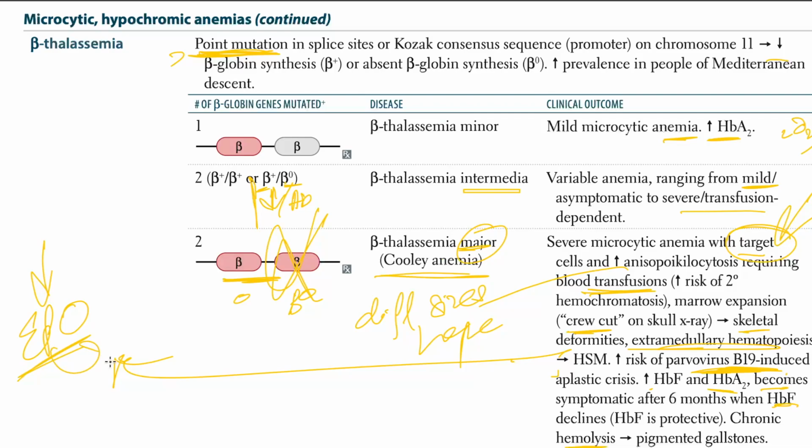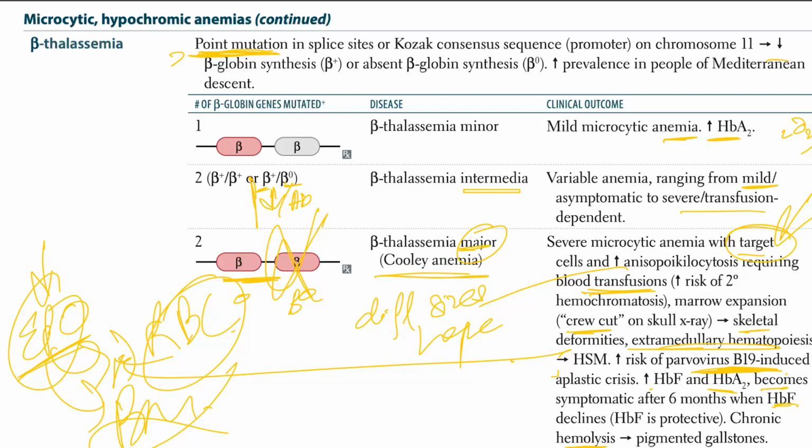It stimulates RBC production, right? EPO would normally stimulate RBC production by the bone marrow. But since the marrow can't respond, EPO is going to stimulate marrow cells in extramedullary organs, in the spleen and liver.